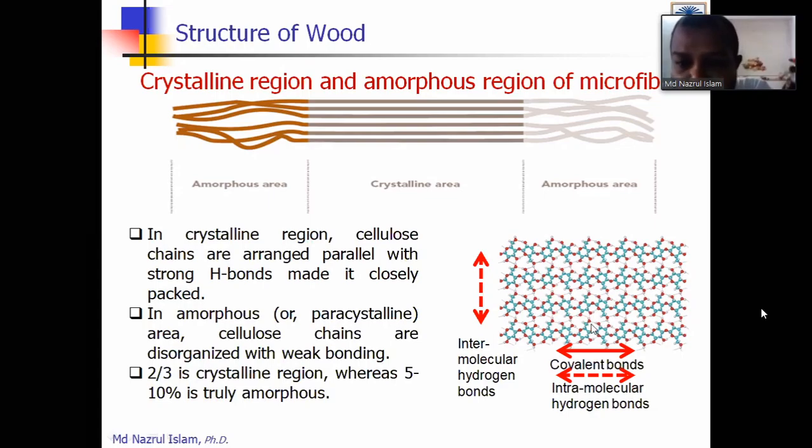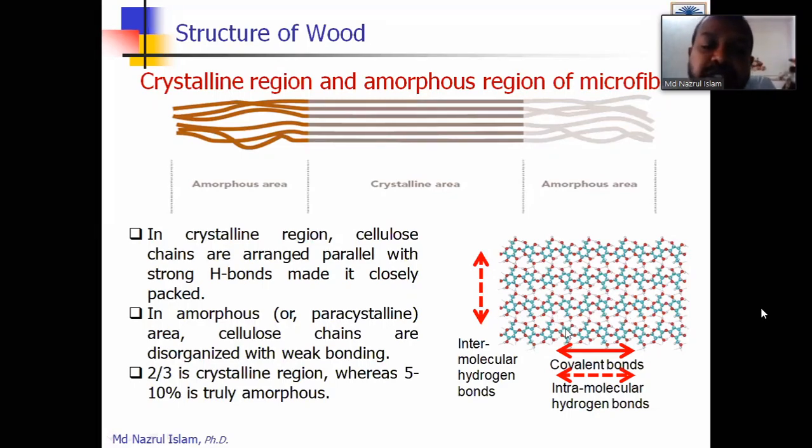If you look at the figure below, you will see the cellulose chain oriented horizontally, and in that orientation there are both intermolecular and intramolecular hydrogen bonds. Within a cellulose chain there is hydrogen bonding, and between two cellulose chains there is also bonding.